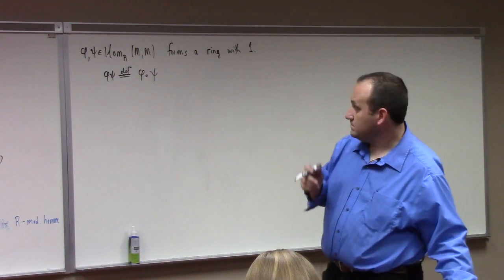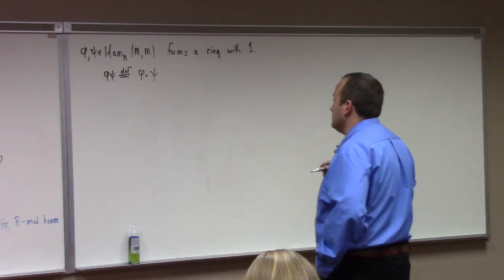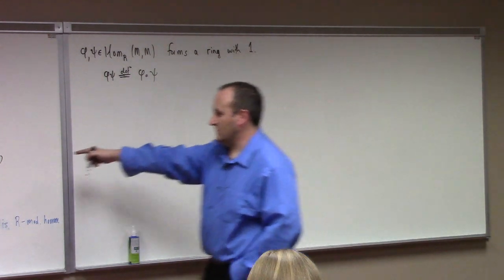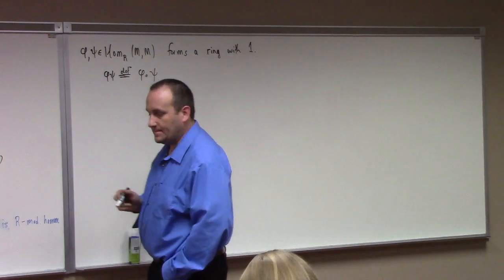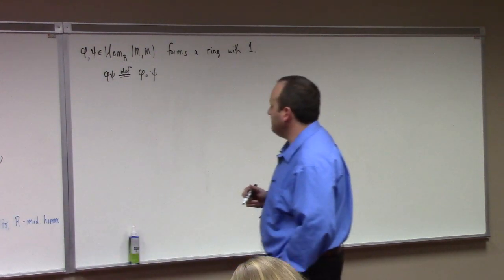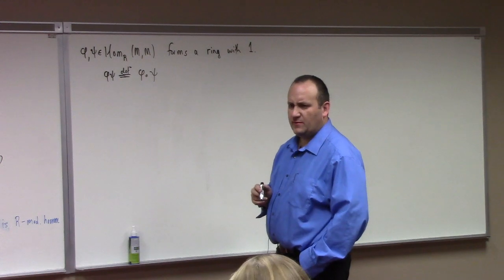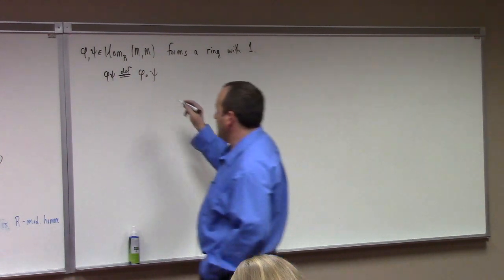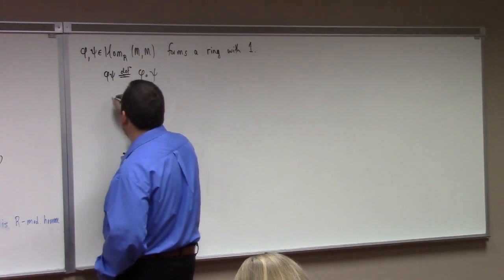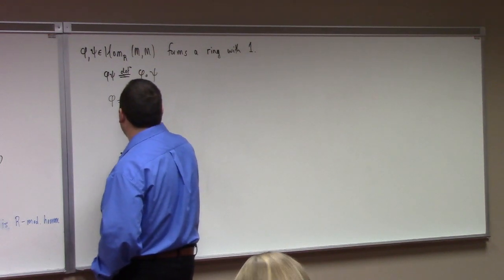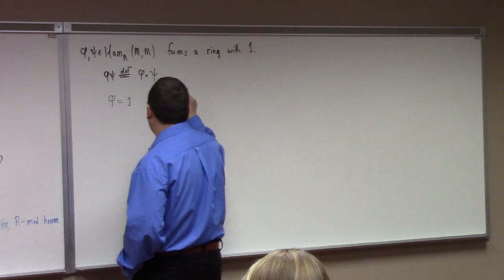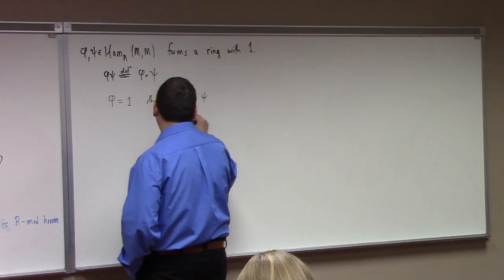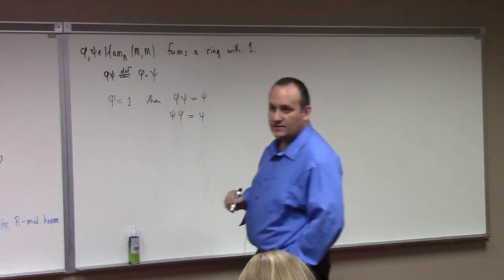You said the multiplication is composition of functions, and the addition was just the usual addition of functions. So this is a ring with 1. What is the 1 in this ring? In other words, if phi was equal to 1, then we'd have phi psi equals psi and psi phi equals psi for all psi.